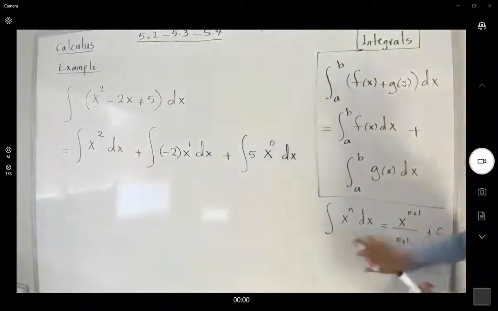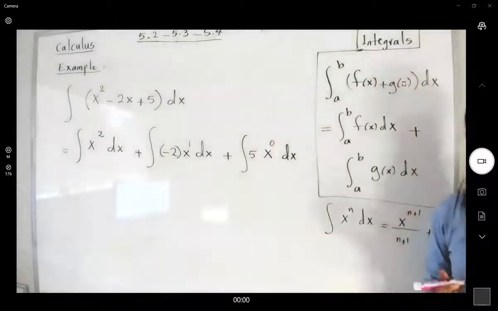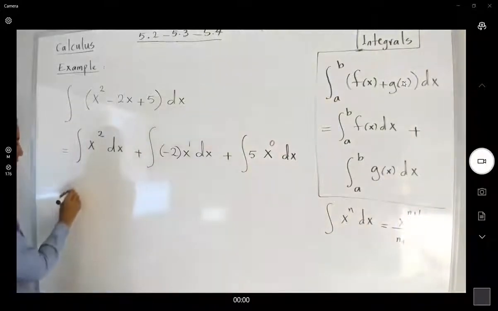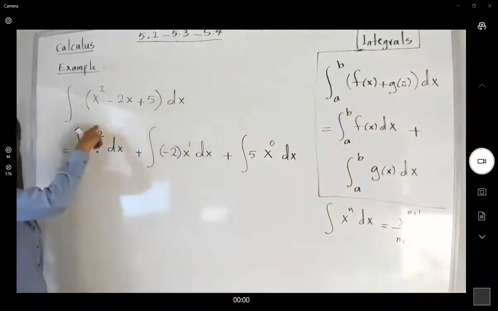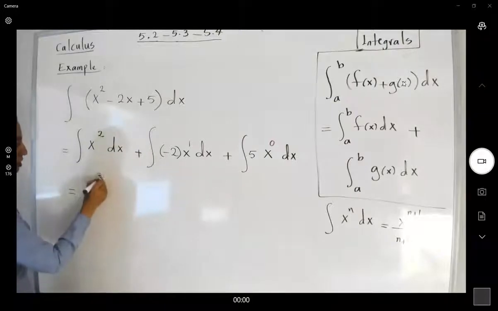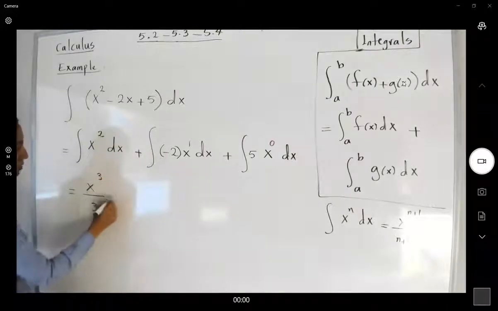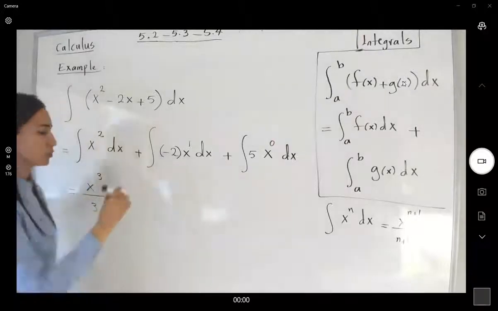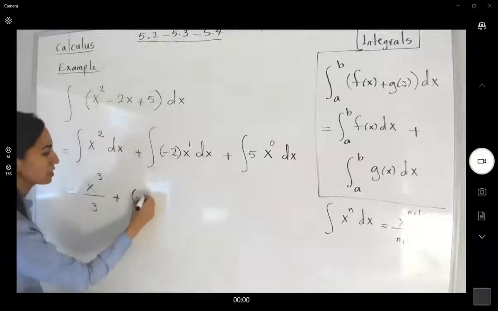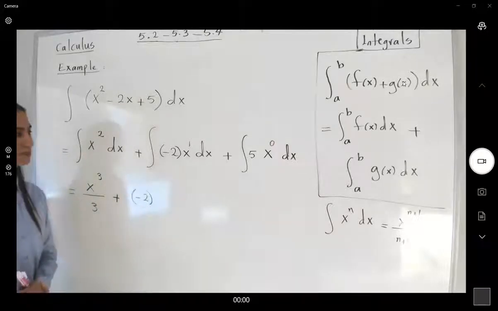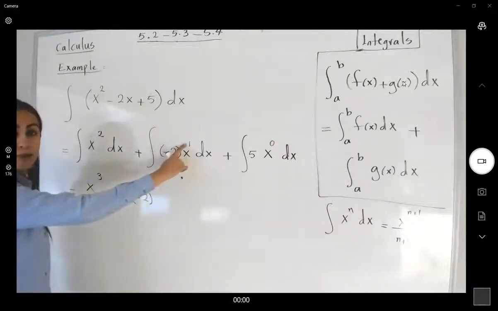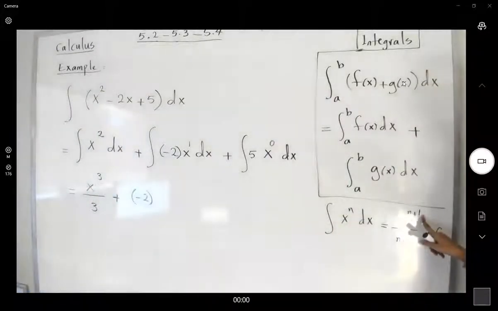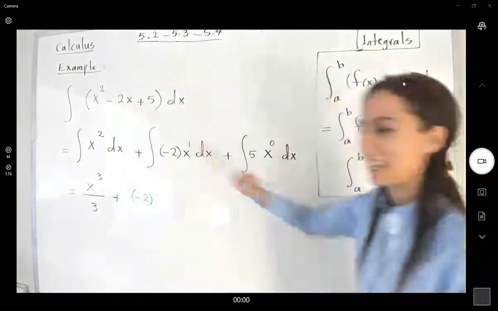Now you can just follow this nice formula that you learned. So this is equal to x to the second is now x to the third divided by 3 plus, this is just the coefficient. You're just going to copy down the coefficient, -2. You have exponent 1, remember that. You're adding 1 to the current exponent.